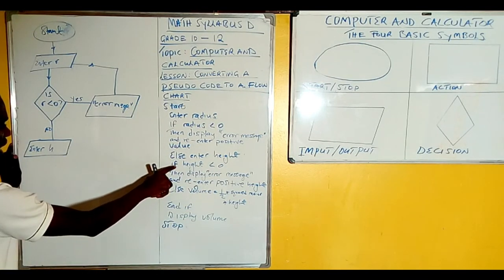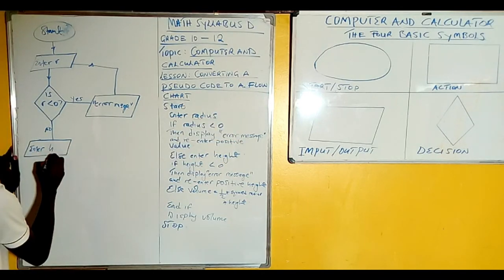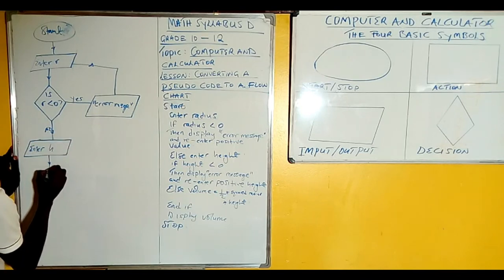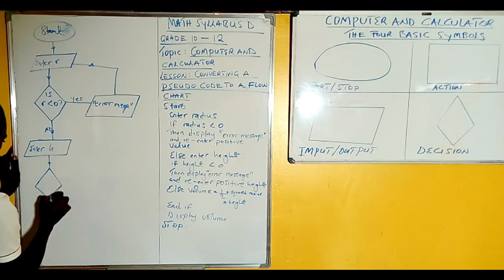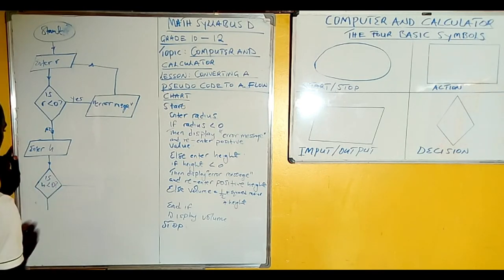Then again there's an if. So the moment you see if, then you know you have to make a decision. The only place where you can make a decision from is in the decision box, which is the diamond shape. Okay, so you ask yourself, is the height less than 0? This is a question. So of course there should be a yes and a no. So now here it's a yes.